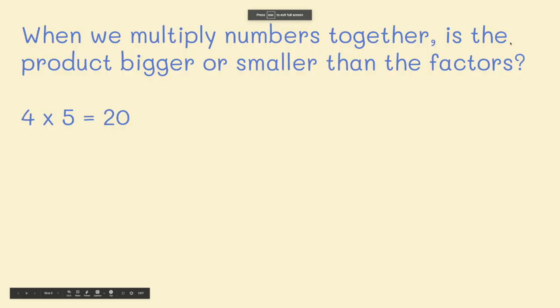When we're multiplying, we need to remember that when we times numbers together, the product will be bigger than the factors. In this example, 4 and 5 are our factors, and when we multiply them together, we get the product of 20, and 20 is bigger than both 4 and 5.